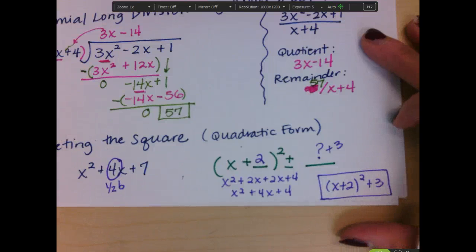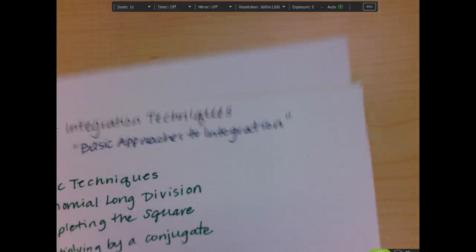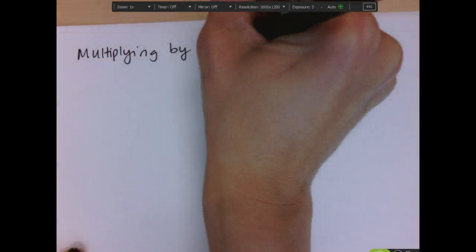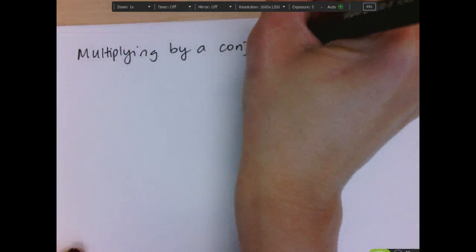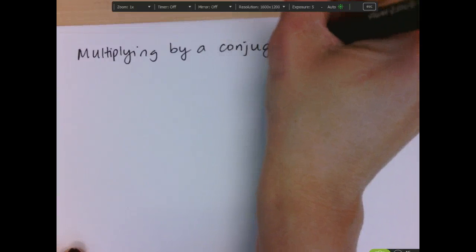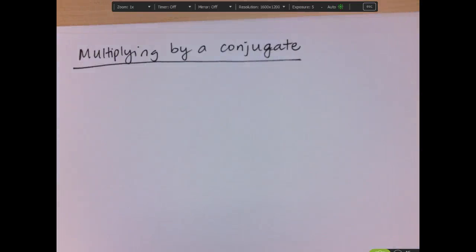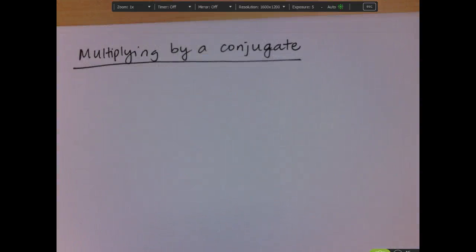Alright, let's move on to the last algebra technique, which is multiplying by conjugate. So a conjugate is an expression that only differs by the sign in between.